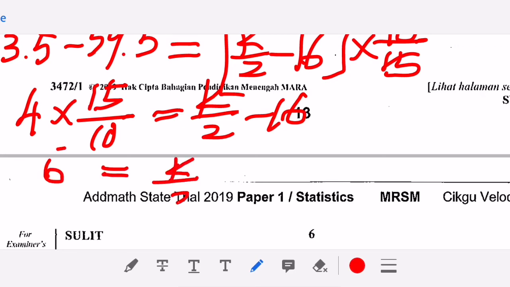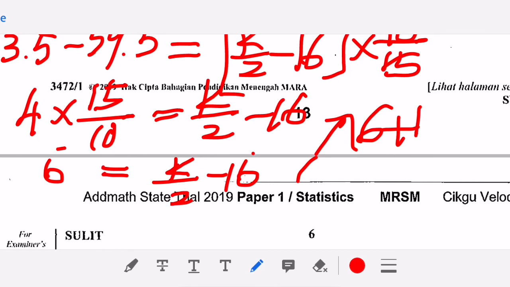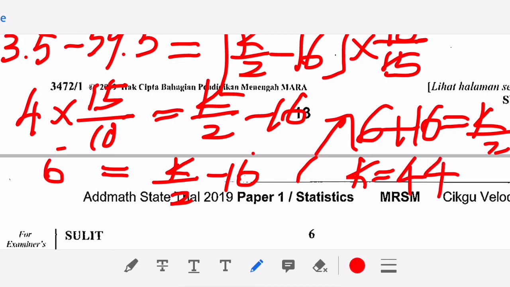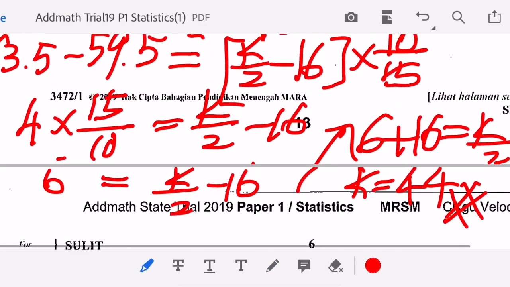So K over 2 minus 16, then 6 plus 16 equals K over 2. Then 22 times 2 is 44, so K is 44. You have to do it step by step to get the right answer, so don't just use your calculator to press.